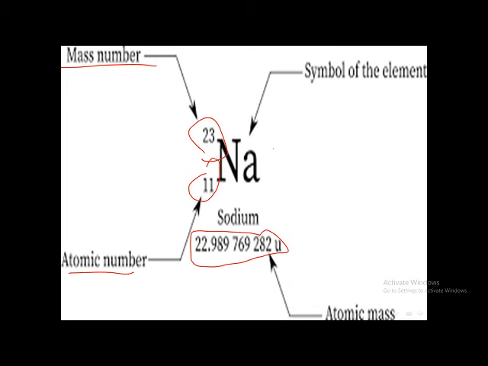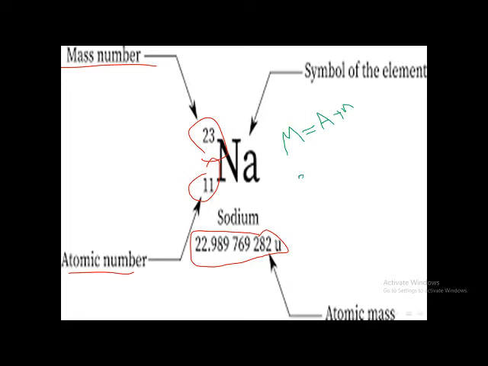Okay, we say that the mass number is the atomic number plus the number of neutrons.